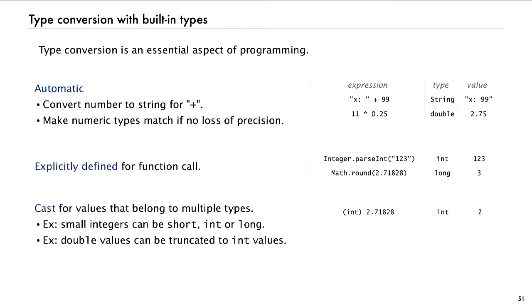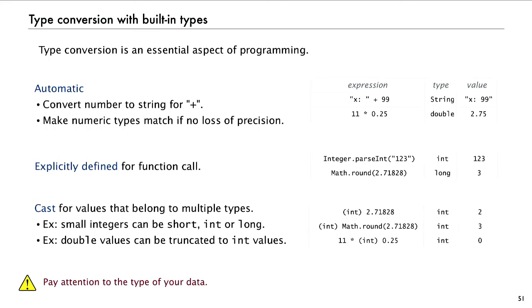So if we say int of 2.71828, it'll truncate to give an int value that can be used in another expression. So those are examples. 11 times int of 0.25. That int's going to be truncated to a 0, so the result will be 0.